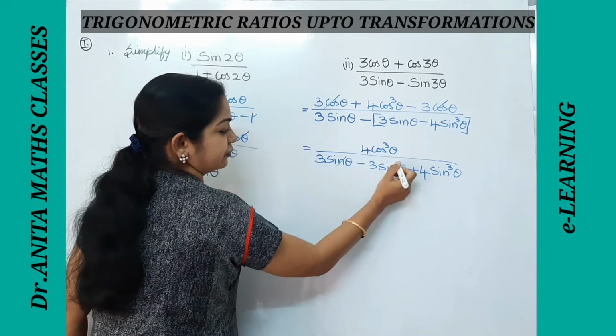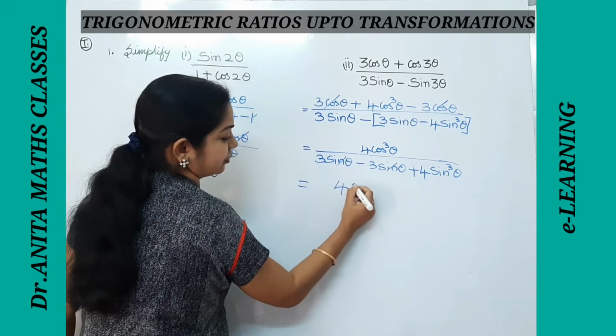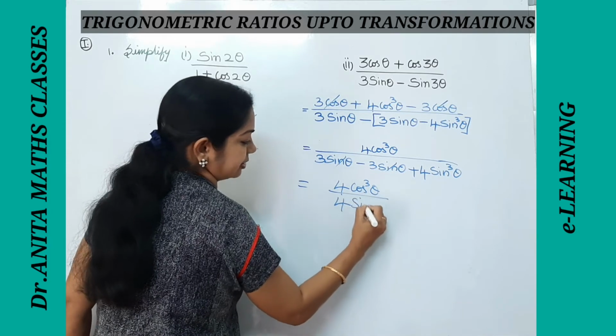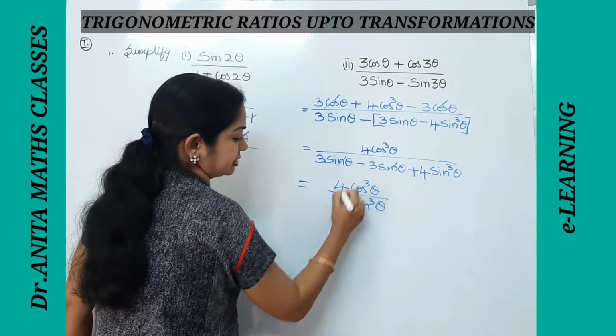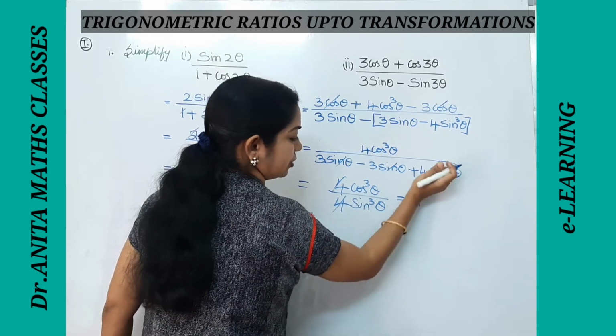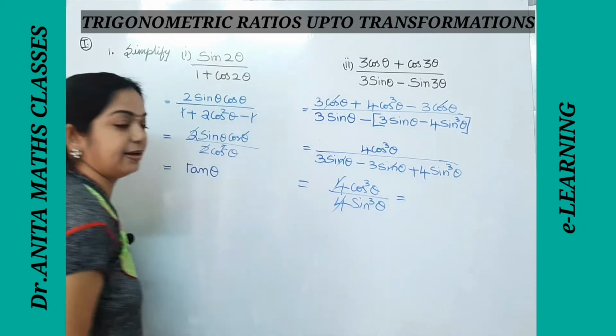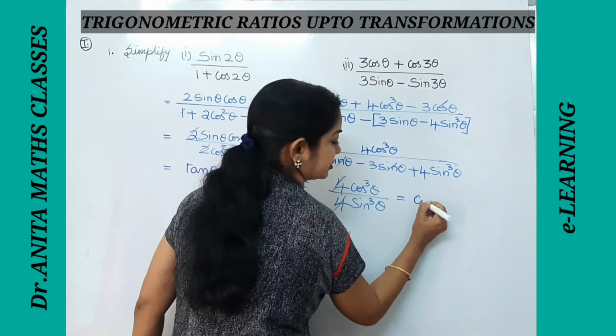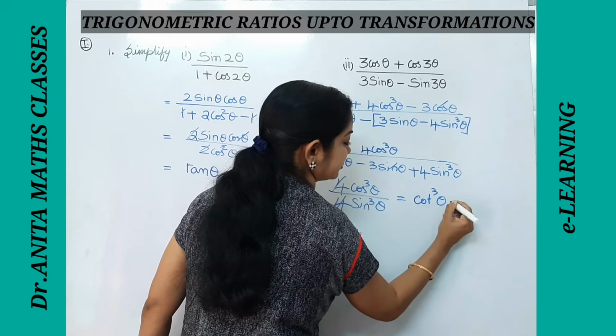Now we can cancel off these two, so we get 4 cos cube theta divided by 4 sine cube theta. So these two get cancelled here, so this comes to cot cube theta, cos upon sine. So cot cube theta we have simplified.